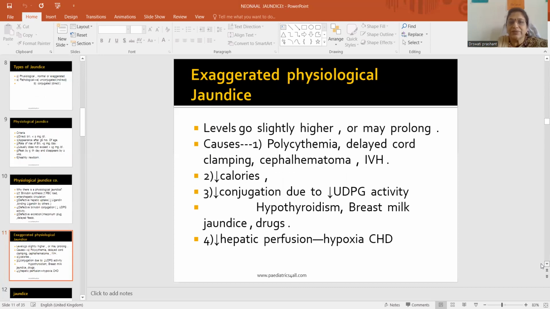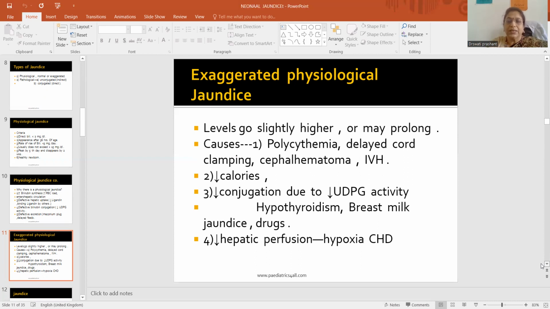In exaggerated physiological jaundice, levels go slightly higher or may prolong for more than 2 weeks. Causes for slightly higher levels or prolongation of jaundice are polycythemia, delayed cord clamping, cephalhematoma, intraventricular hemorrhages, and decreased calorie intake because of prematurity.